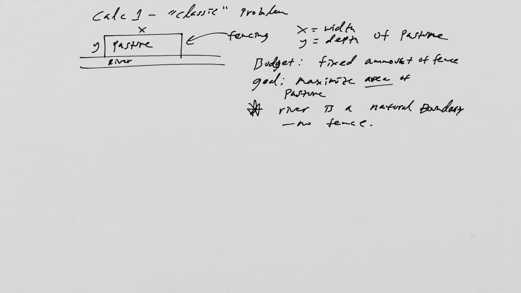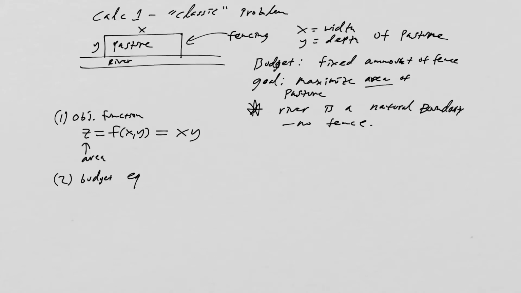Okay, so again, this is a very straightforward example. So our objective function, that's going to be z. That's going to be our area. The objective function, that's number 1, is going to be f of x comma y. It's going to be very simple. It's just going to be x times y. Okay, cool. 2. The second thing you have is that budget equation, or what we call the constraint.